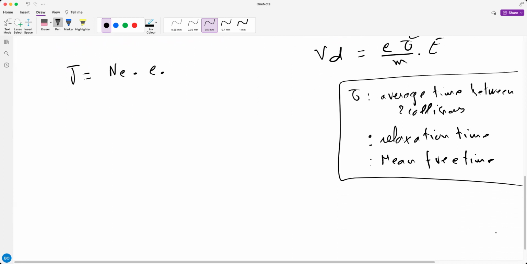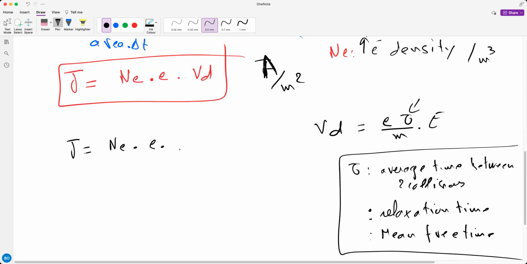Okay. So let's replace the drift velocity with its value. It is equal to e tau over m. If you are not talking, please mute so that I can. Okay.